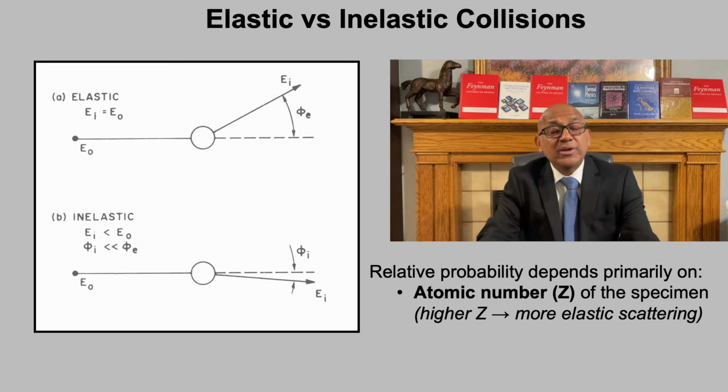The relative probability of elastic versus inelastic scattering depends strongly on the atomic number Z of the specimen. Materials with higher atomic number have stronger nuclear scattering, making elastic collisions more likely. This dependence on atomic number becomes critically important later, as it directly underpins compositional contrast mechanisms in electron microscopy.